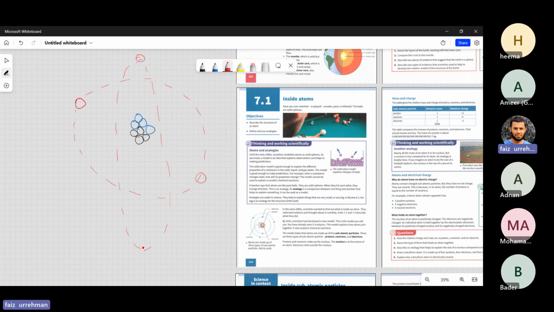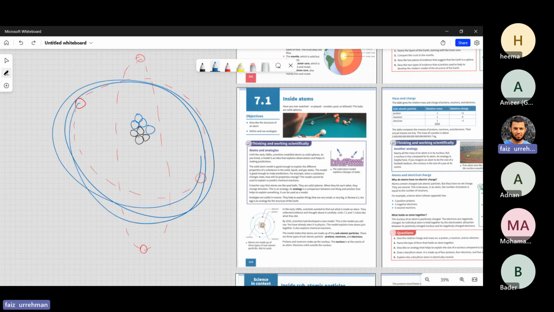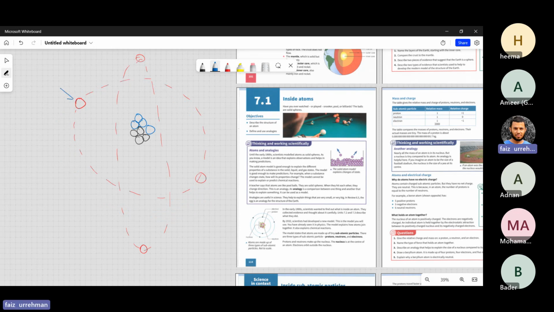When you go to the microscopic level, you will not see this orbit; it is just imaginary. But what will you see? You will see at least three different types of structures. One is rotating like this, revolving around the center. These are known as electrons.